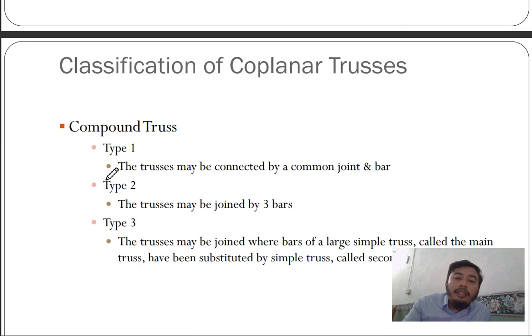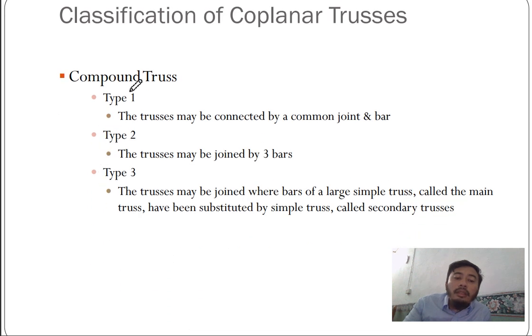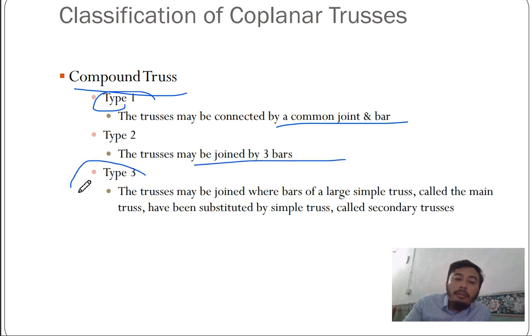Classification of coplanar compound trusses. Type 1, the trusses may be connected by a common joint and bar. Type 2, by 3 bars. And then type 3, the trusses may be joined where bars of a large simple truss, or the main truss, have been substituted by simple trusses called secondary trusses.